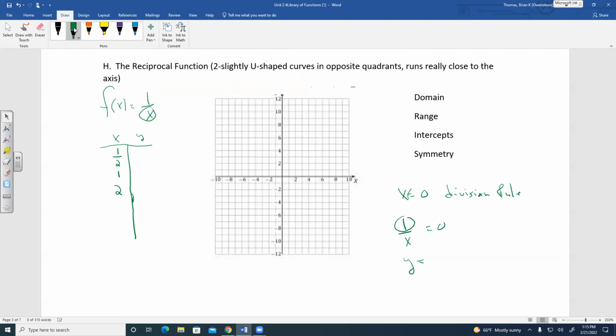In other words, y cannot equal 0 either. Because remember, that's the output, the answer. So in this problem here, there's two things. You can't have a 0 in the denominator because you cannot divide by 0. But also to get 0, the numerator would have to be 0. And since the numerator is 1, y cannot equal 0. So we pick up on these two things as observations.